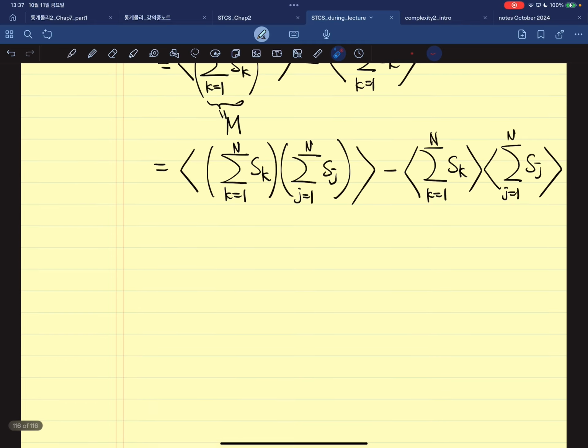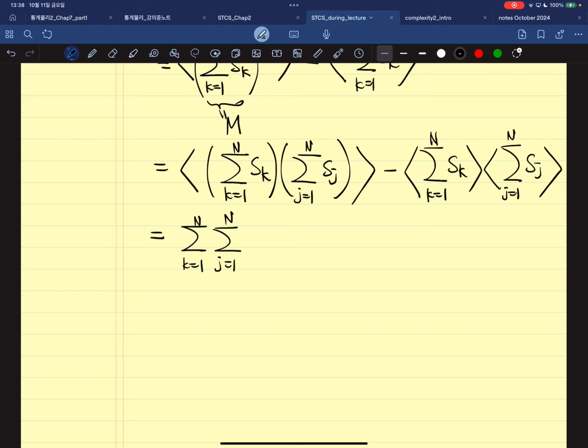Then, in fact, now we realize that all of these terms are just a summation over k and j indices. So we can simply write this down, taking the averaging process outside.